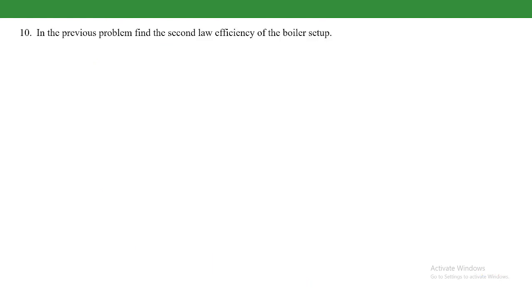Then in the next part of the problem, that is in the previous problem, we have to find out what is the second law efficiency of the boiler setup. Okay, so boiler is essentially a heat exchanger. So for a heat exchanger, we do not consider the work done. We consider what is the maximum heat exchange possible and what is the actual heat exchange that has happened.